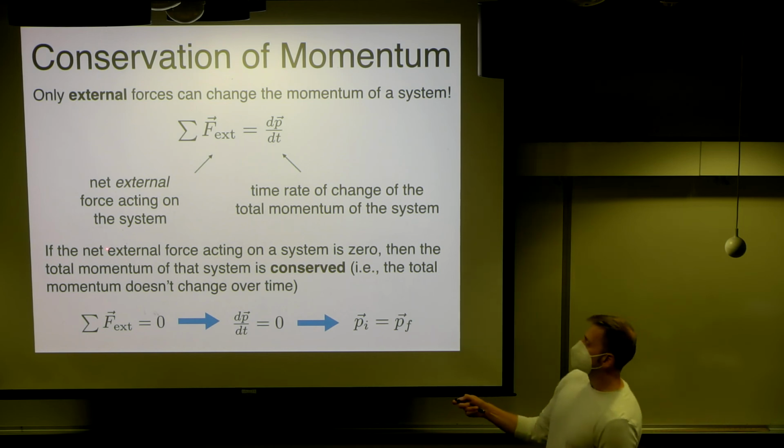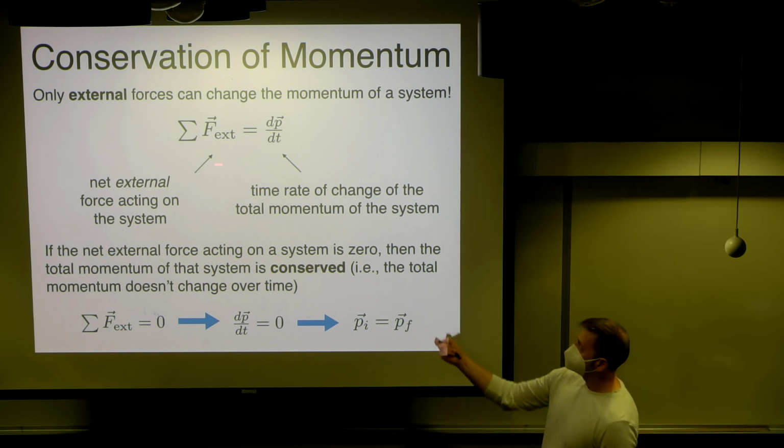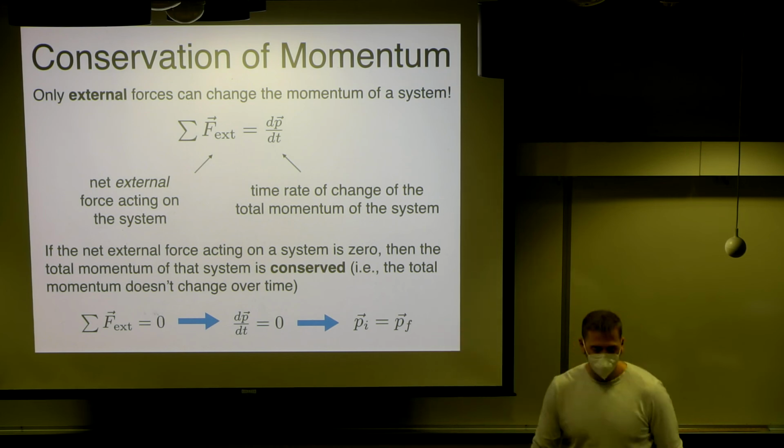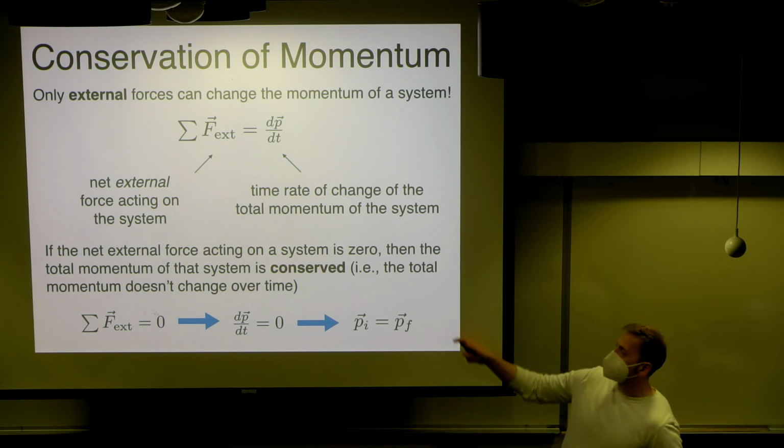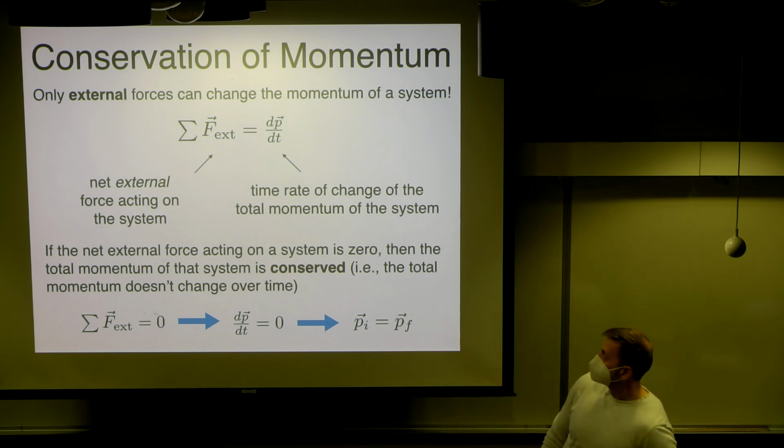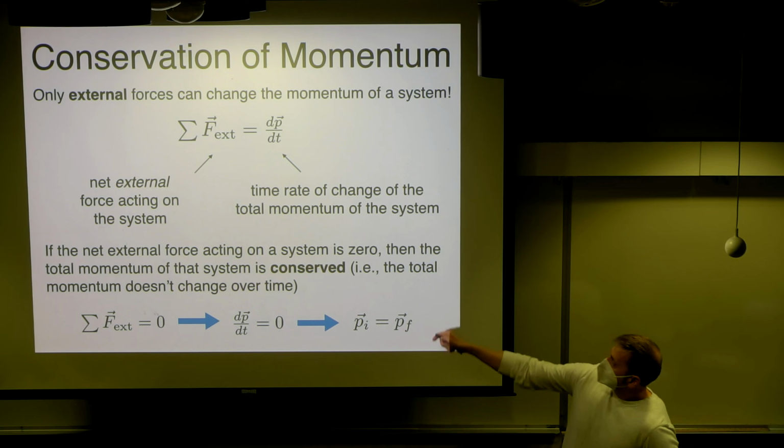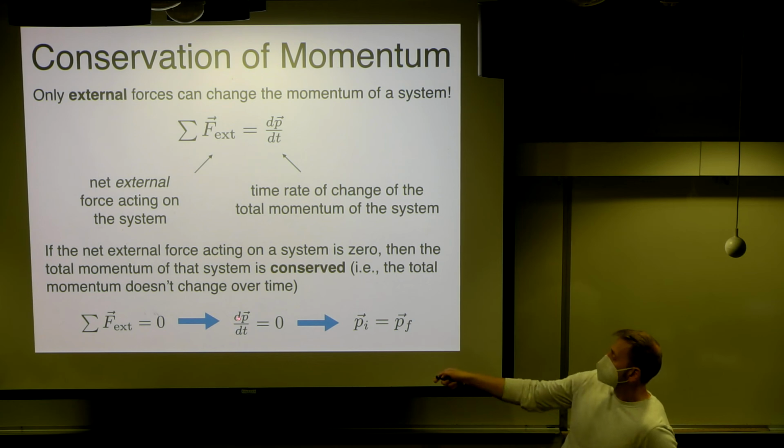The next result we're going to show is this. Let's say that the net external force acting on our system is equal to 0. So we add up all the outside forces and we get 0. What does that tell us? Well, this side of the equation being 0 tells us that this side is also 0. In other words, dp/dt is equal to 0.